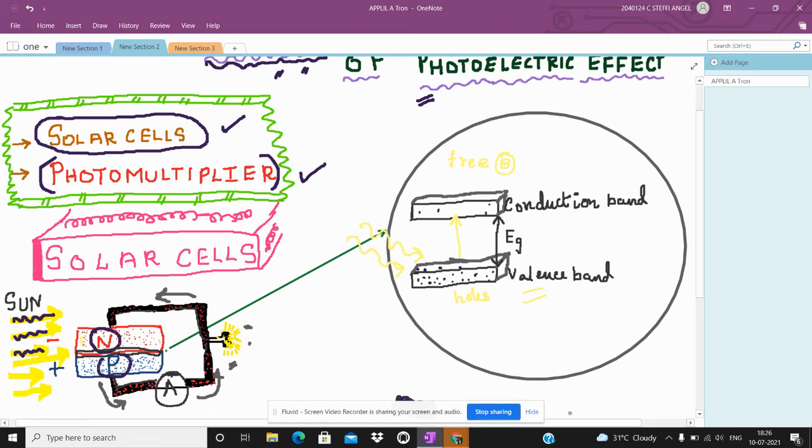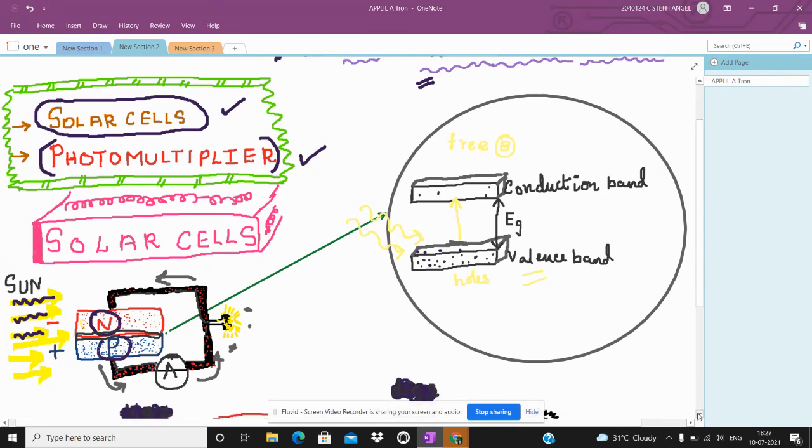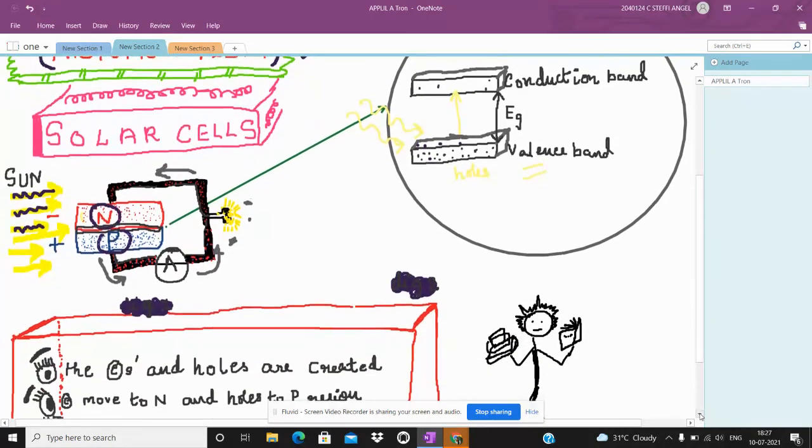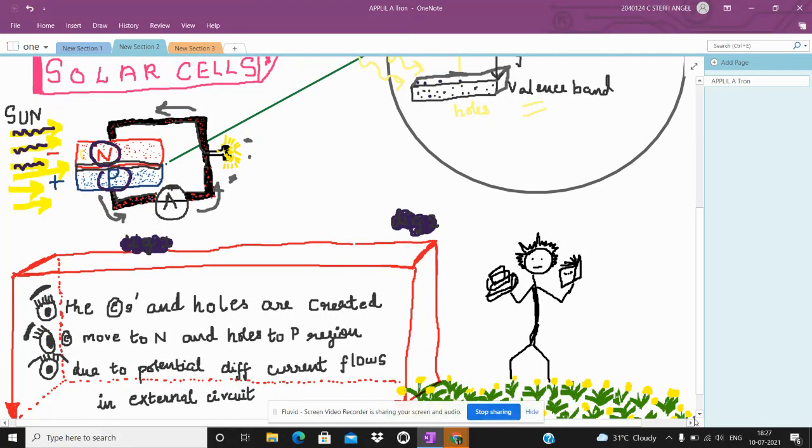So the points to remember: number one, the electrons and holes are created. Then the electrons move towards the N region and the holes move towards the P region.